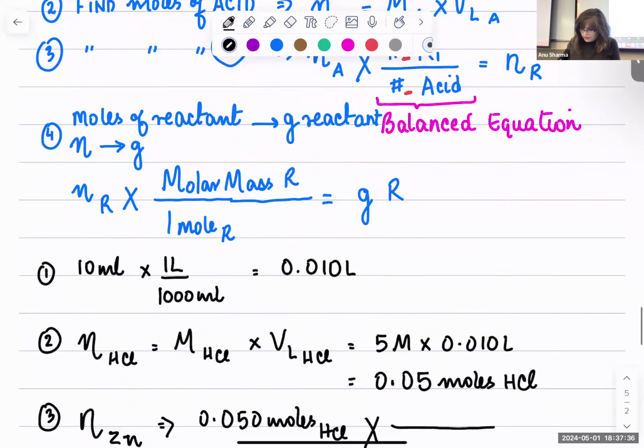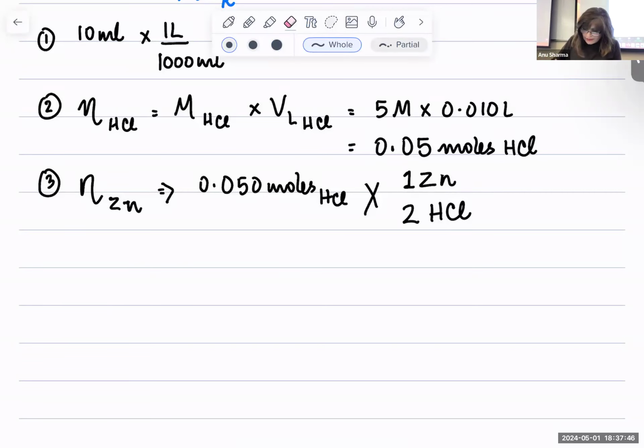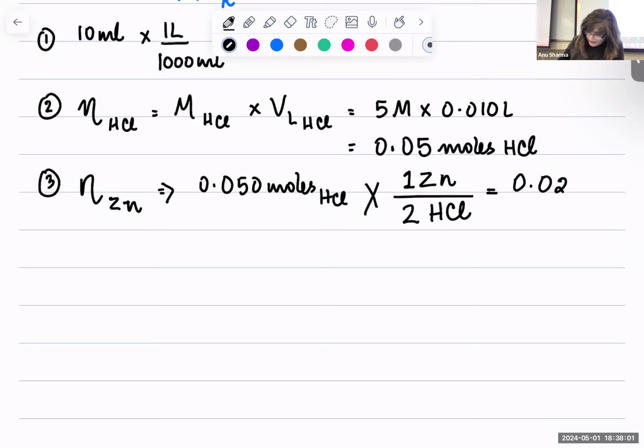There's 1 mole of zinc for every 2 moles of HCl. That is the balanced equation. So 0.050 divided by 2. What do you get? 0.025 moles. And these are the moles of zinc.